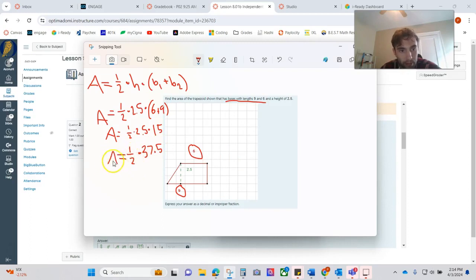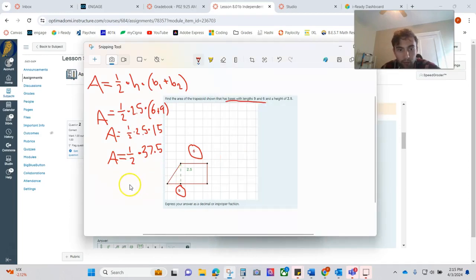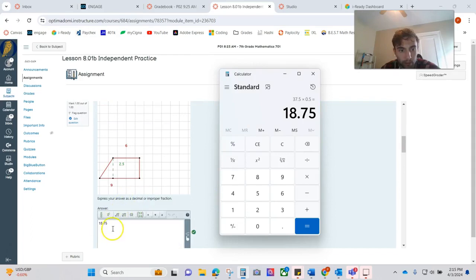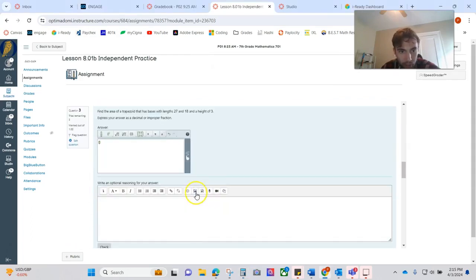I can do that by timesing by 0.5, timesing by half, or dividing by 2. 37.5 divided by 2, or 37.5 times 1/2, 18.75 is my area. 18.75 square units. Oh, looks like we got that answer right already.